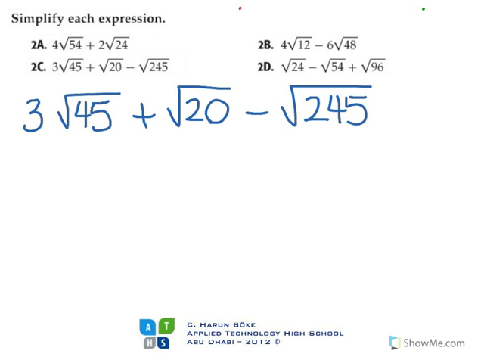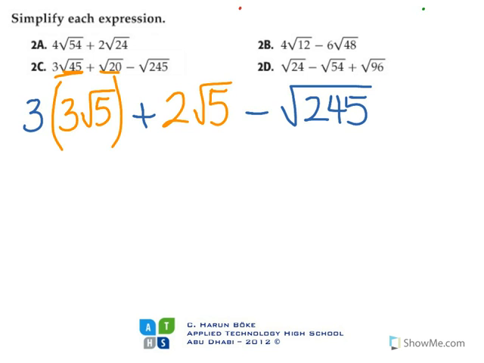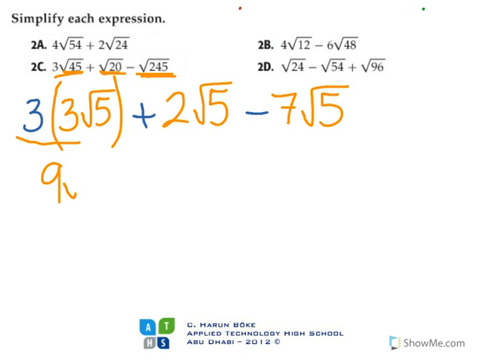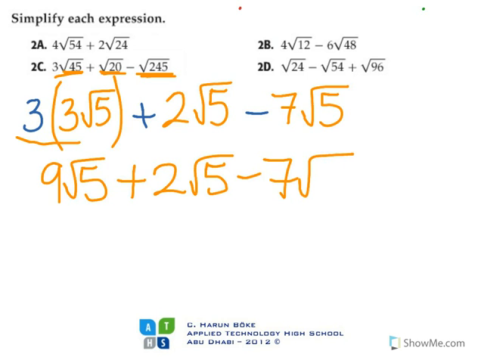We have 3 times square root of 5 for square root of 45, 2 square root of 5 for square root of 20, and 7 square root of 5 for square root of 245. Now, here we have 3 times 3, so it will be 9 square root of 5 plus 2 square root of 5 minus 7 square root of 5.